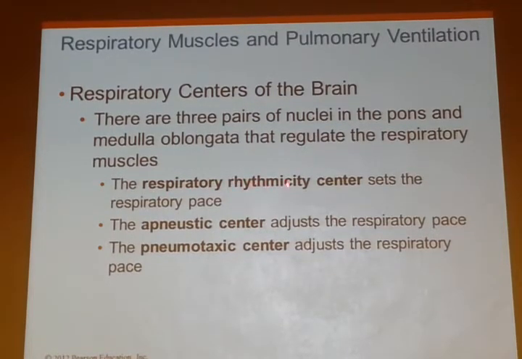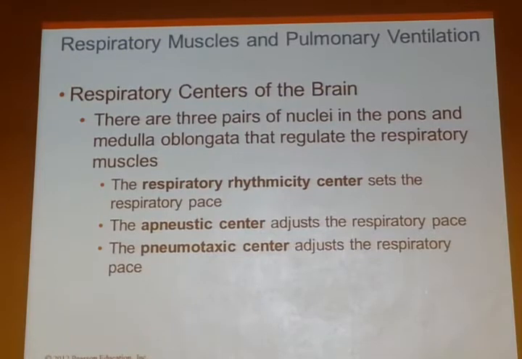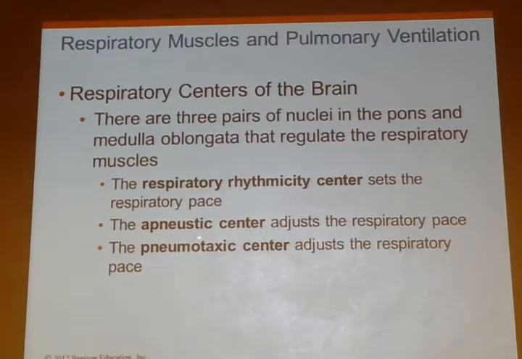We've got a respiratory rhythmicity center. That's going to set the pace of your breathing. And then we've got another center, called an apneustic center. Again, that A is implying cessation. So part of setting the pace is turning off the breathing.